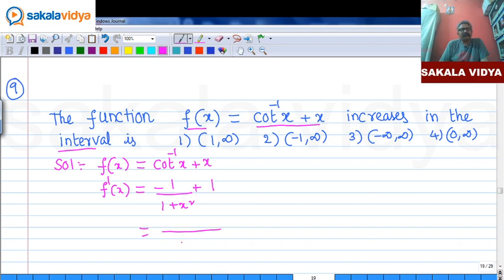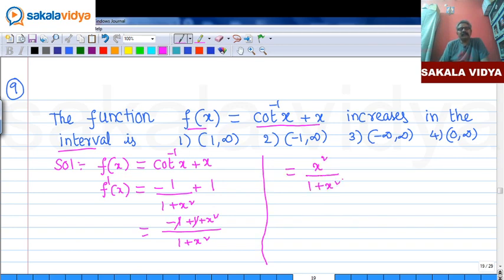Here 1 plus x square is the LCM, minus 1 plus 1 plus x square, the 1s cancel, and you get x square by 1 plus x square.